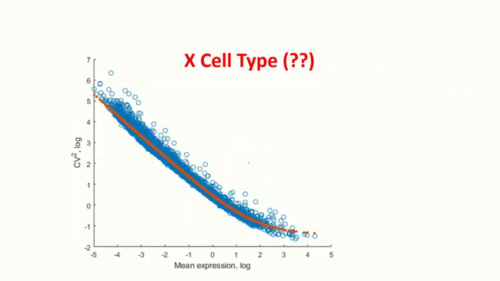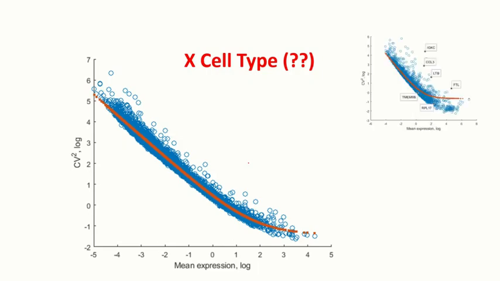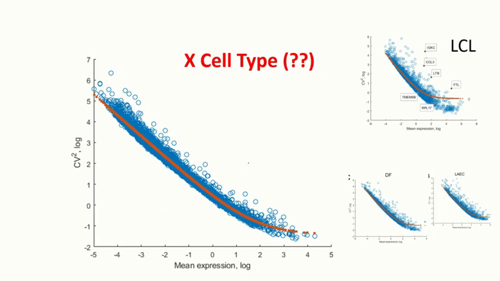As I said, I have another, fourth cell type. I didn't tell you what they are. The pattern you see from the regression scatter plot is very different from the other three. For this cell type, there's almost no gene jumping out from the curve. All the genes follow this regression line nicely, cleanly. If you compare with what you saw previously, you always see those genes jump out, but for this one, not even a single one.